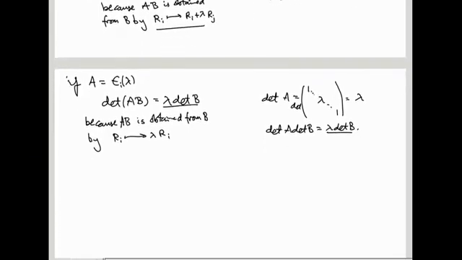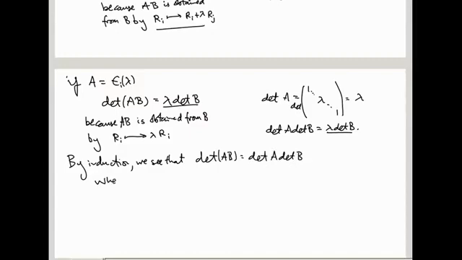By induction, we see that det AB equals det A det B whenever A is a product of elementary matrices.